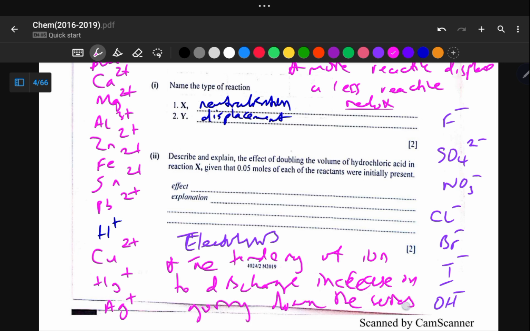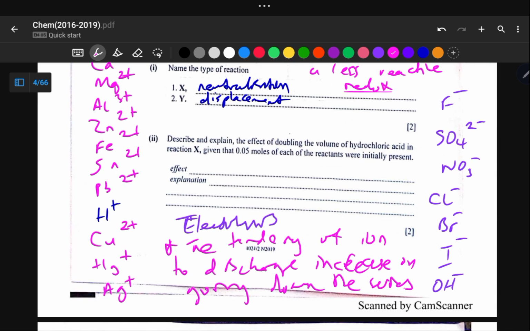In our session on electrolysis, we said electrolysis is governed by three terms: preferential discharge, concentration, and the type of electrode. This is what we call the preferential discharge of ions.